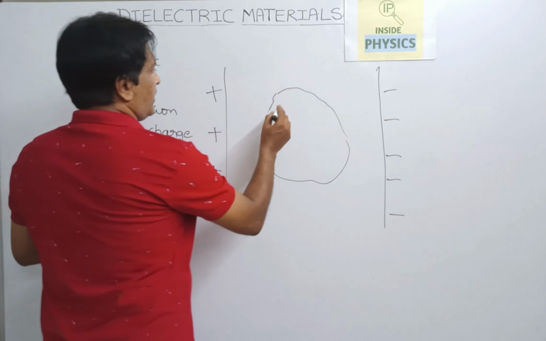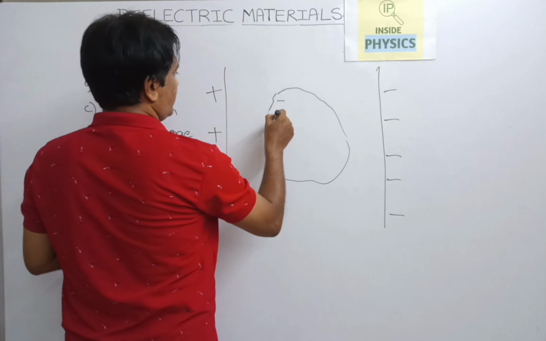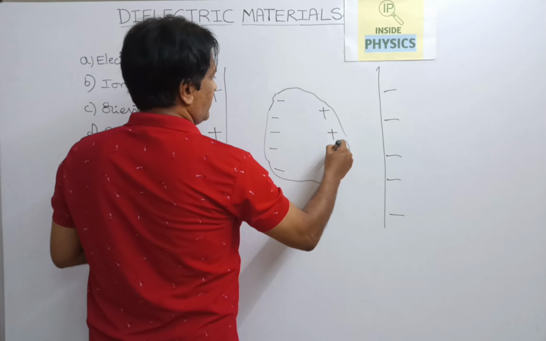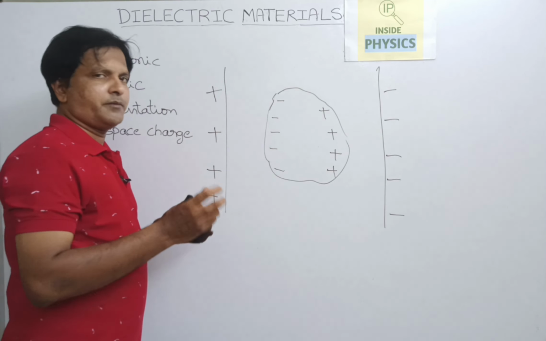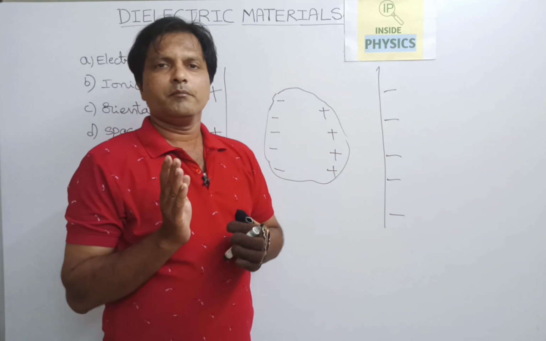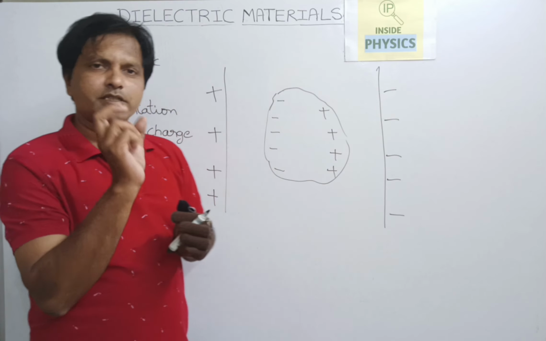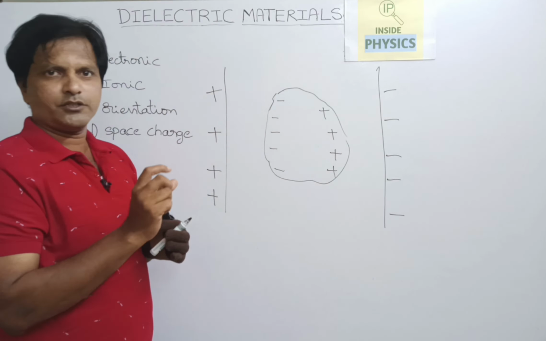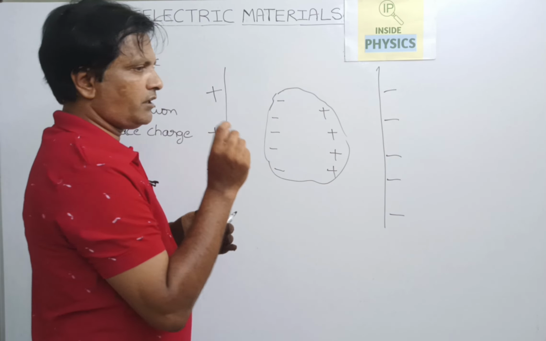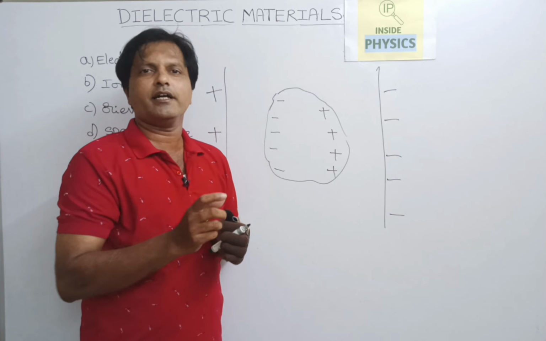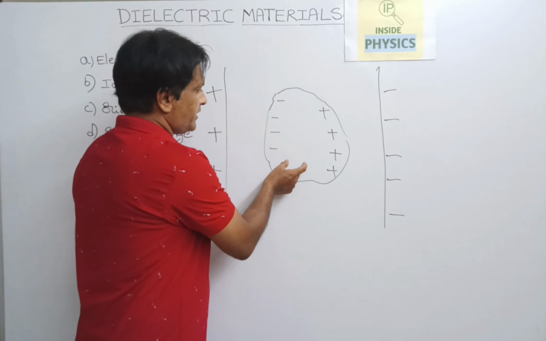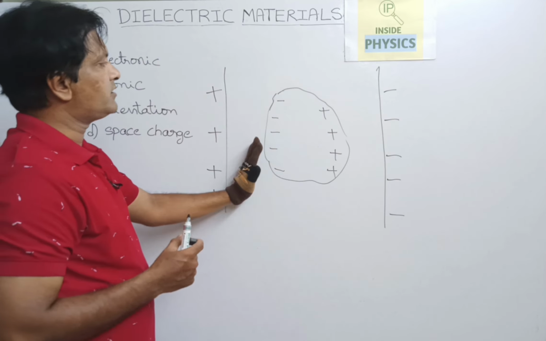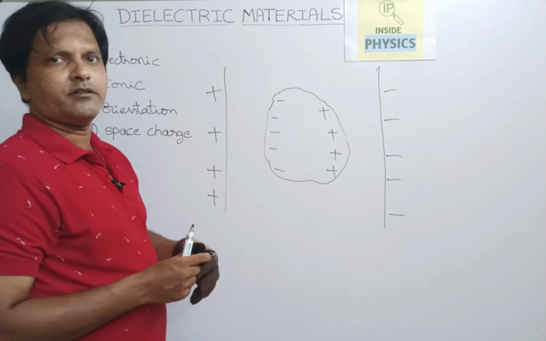So all the electrons will be displaced, and the positive nucleus which is stable will not be moved at all, but the electron cloud will be displaced. How much is the displacement? It is not a huge displacement. It is only of the order of the atomic size, less than the atomic size. Because of this electron displacement, the electronic polarization will happen.